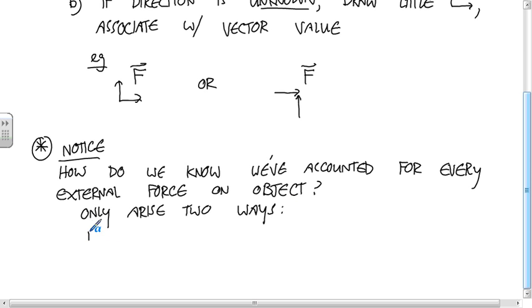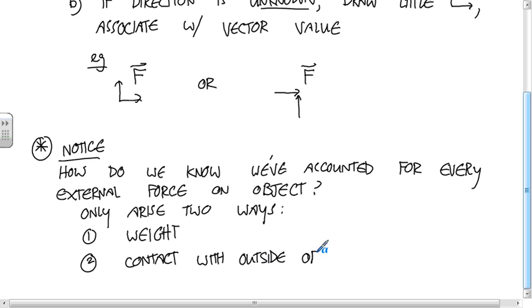The first is the weight, and pretty much everything that we're going to deal with is going to have some mass, so there's going to be a weight force acting on it. And the only other type is contact with outside objects at the object boundary.